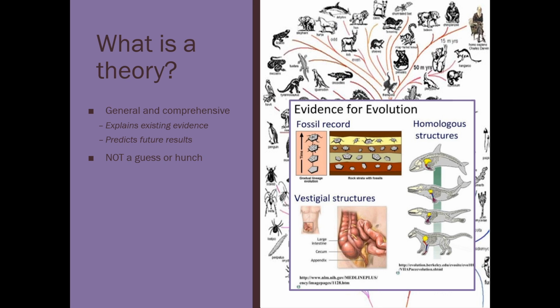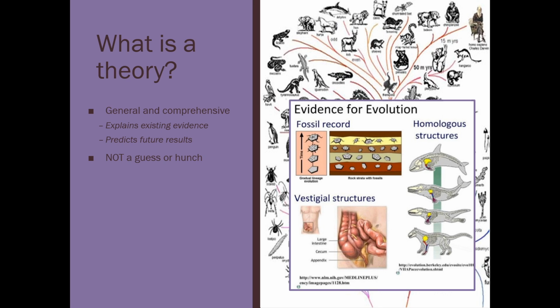I have a guess is a much different thing from a scientific theory. A scientific theory is designed specifically to account for all the existing evidence that we have to date and to make predictions about the kinds of evidence that we should encounter as we continue to search, if the theory is actually accurate, right?